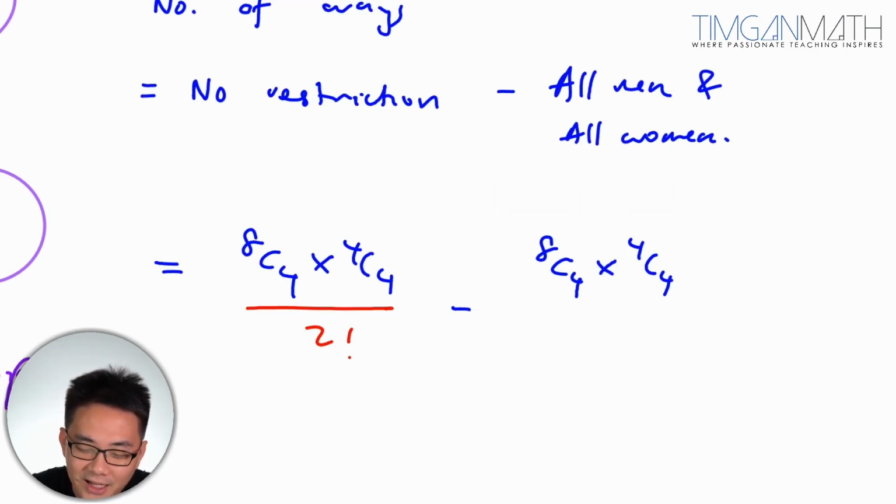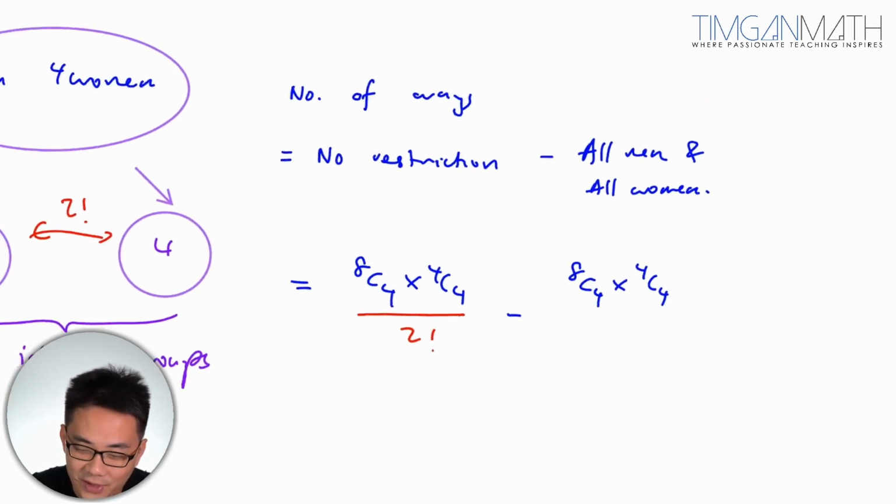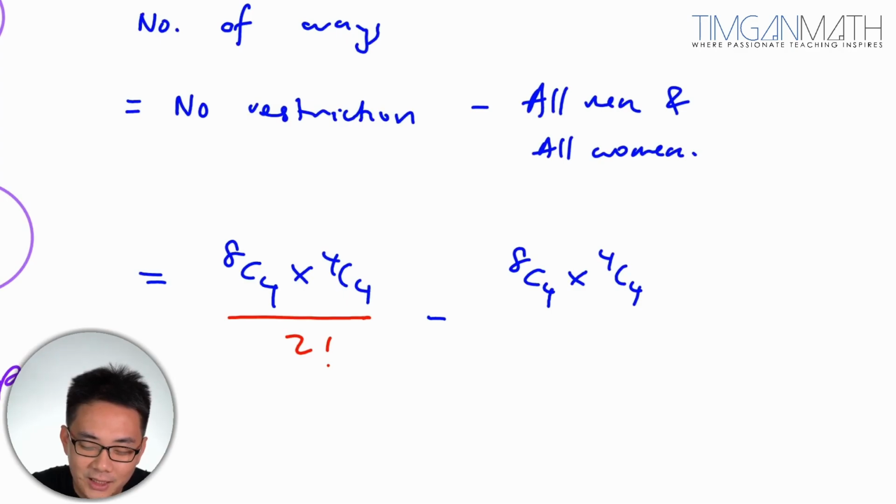Because this is a bit hard to explain, but because now you are separating the men, 4 choose 4, not 8 choose 4. So 4 men choose 4 and 4 choose 4. Now the 2 groups are not of the same traits, meaning to say you're singling out the men. Clearly the men group is different from the all women group because you can tell that they are different.